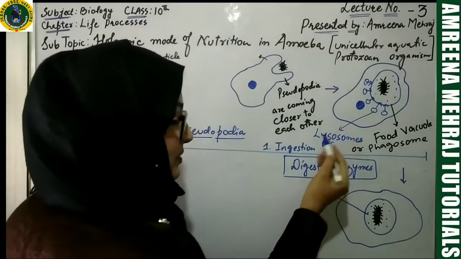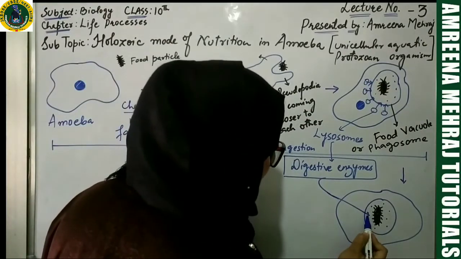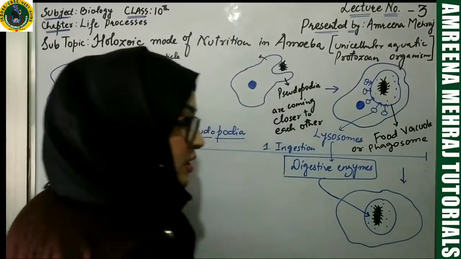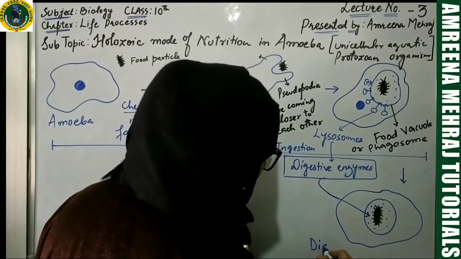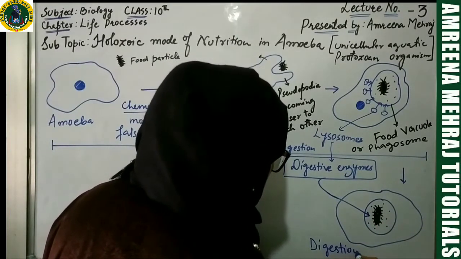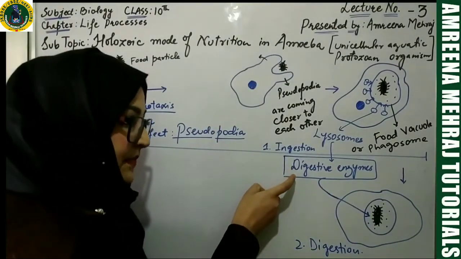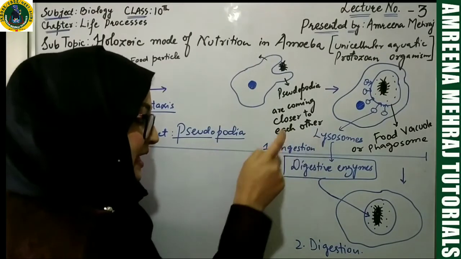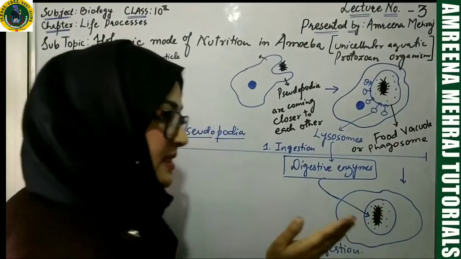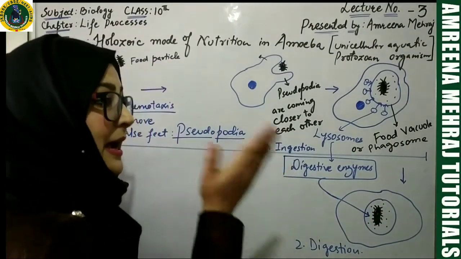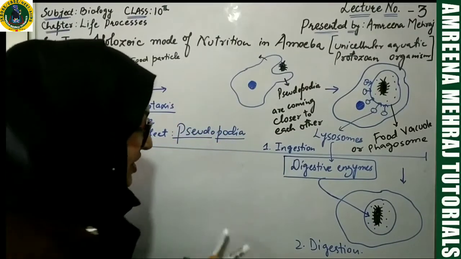Since I have told you that lysosomes contain the digestive enzymes, lysosome will attack the food vacuole. They will dispose the digestive enzymes into the food vacuole. So now what is happening over here will be the step of digestion. Who is helping in digestion are the enzymes which were present in the lysosomes. These enzymes are now inside the food vacuole and they will now start attacking the food particle and breaking down the food particle into simple substances, which I can show like this.